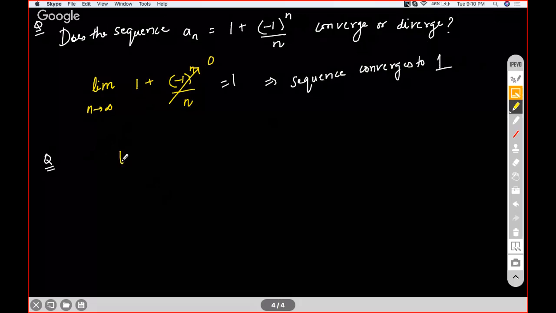The indeterminate form is tending to 1 raised to the power infinity. This is indeterminate. Okay. Exactly 1 to the power infinity is not.